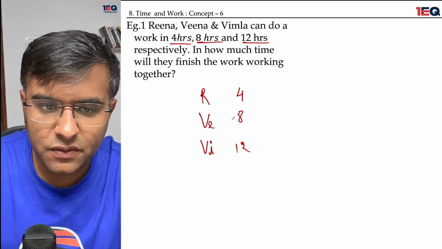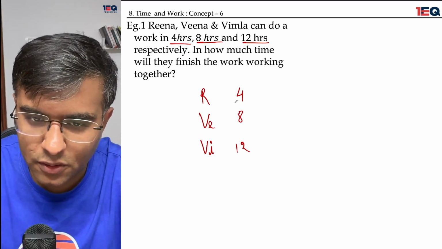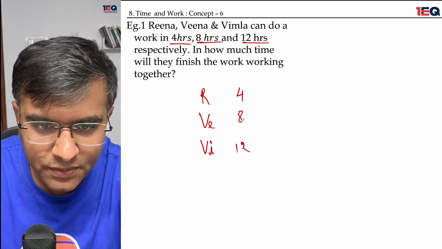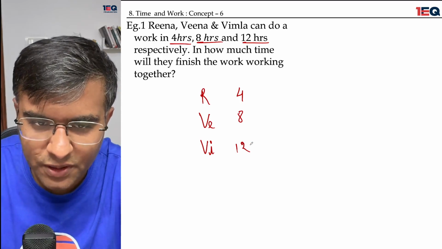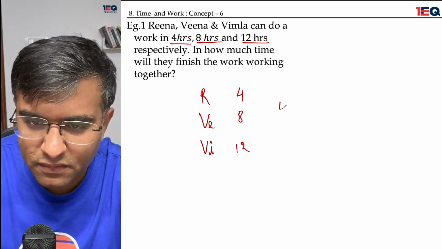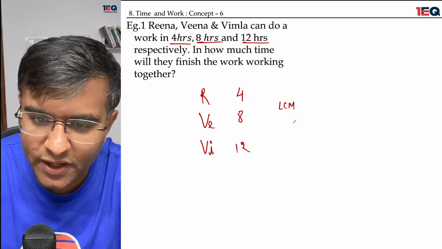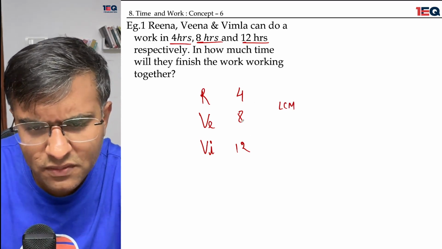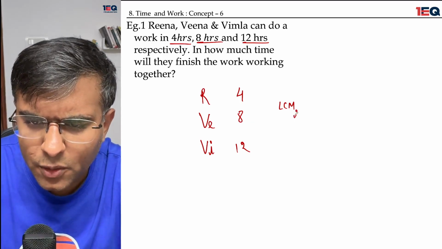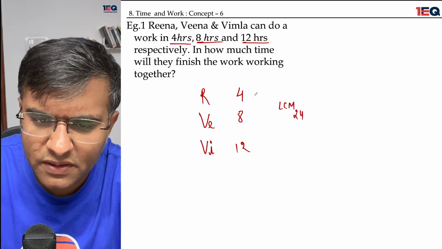So if they work together, we will have to calculate the LCM of 4, 8, and 12. 24 would be the LCM of 4, 8, and 12.